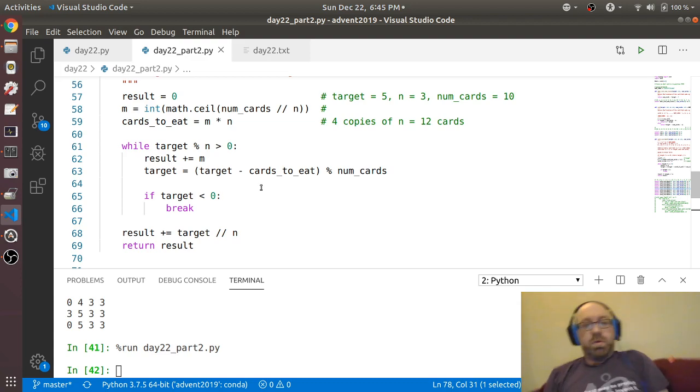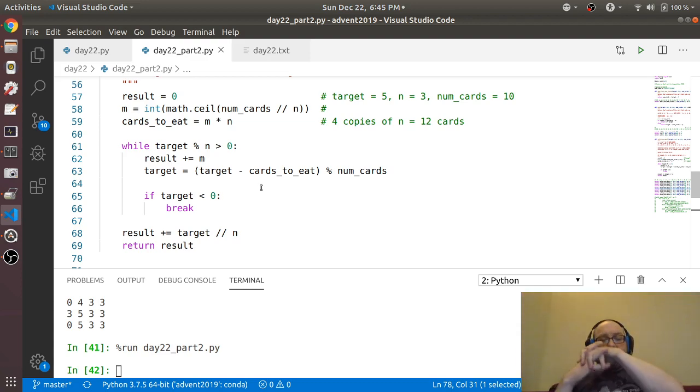And so what I'm doing is basically saying while I'm not divisible by n, chew up this much of the target.